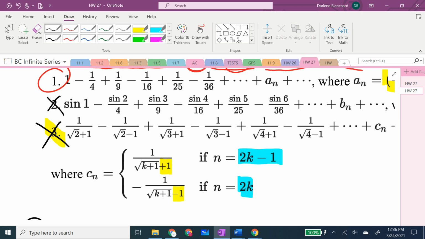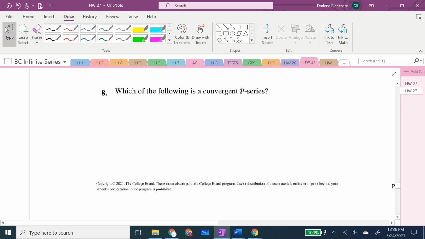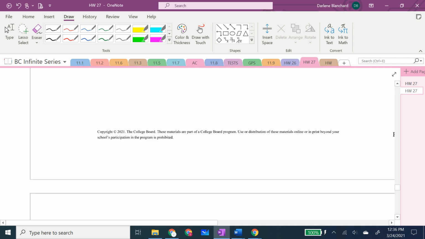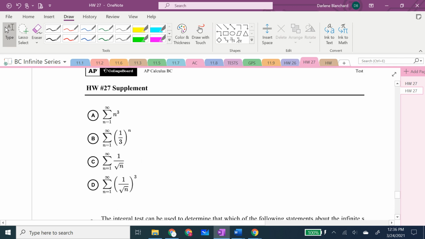Okay, to finish up these problems, number 8, which of the following is a convergent P series? This one won't take too long. This diverges. This is a geometric series. This is a P series that diverges.